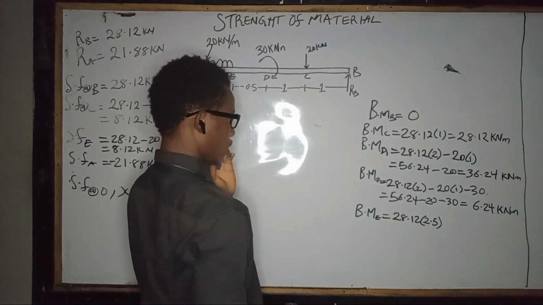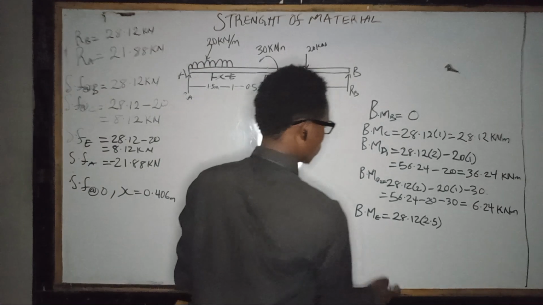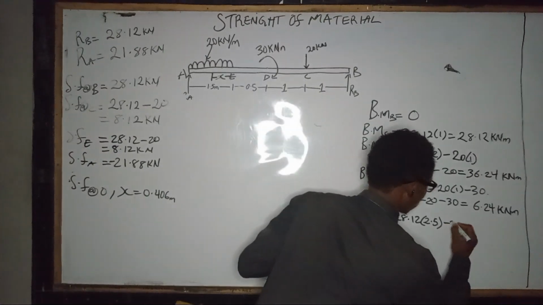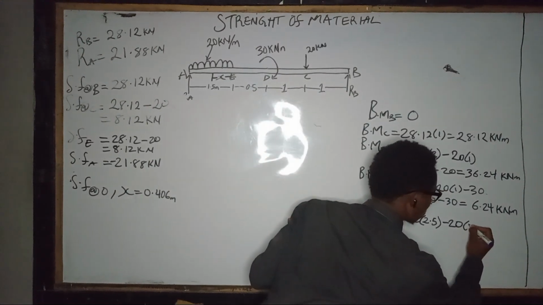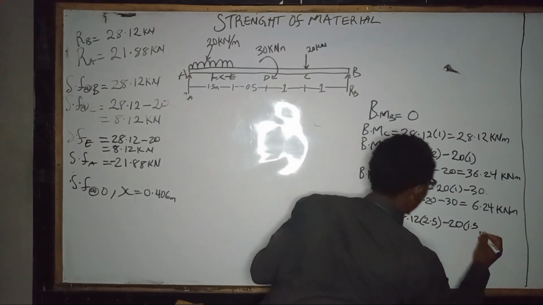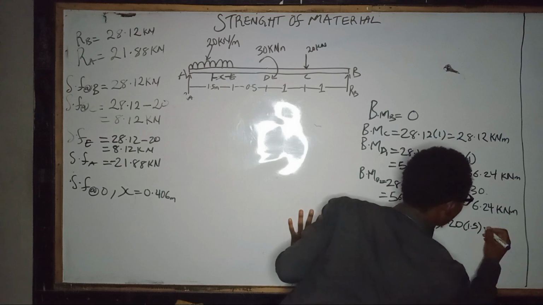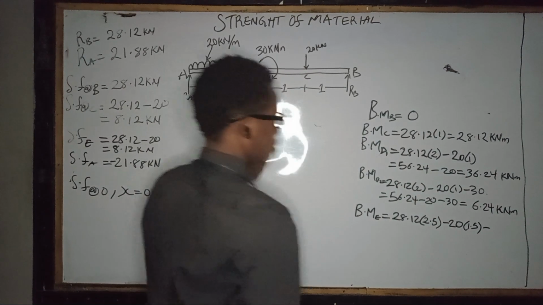Then we also have minus 20 times 1 and 0.5, 20 times 1.5. We have minus 30.